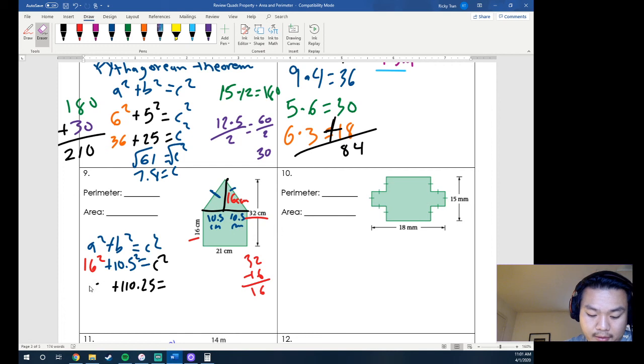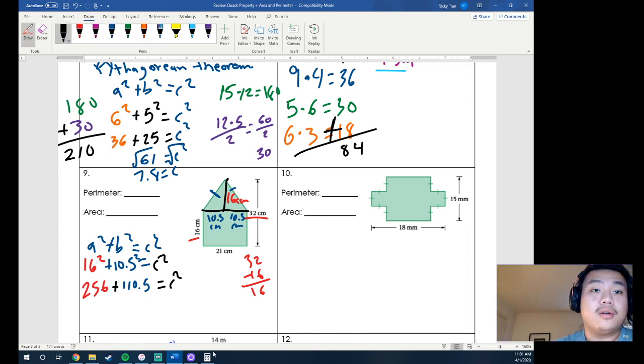Actually, let me redo that. And this is 10.5, and that's equal to c squared. We add these together. We get 366.5 is equal to c squared. We take the square root of both sides.